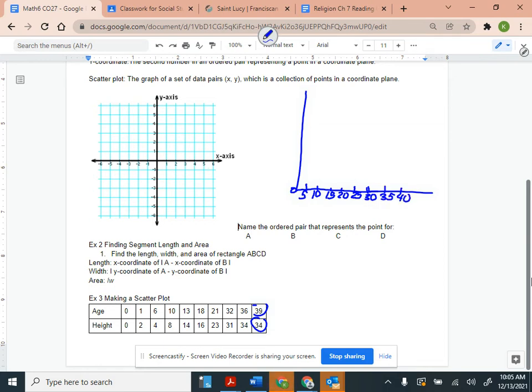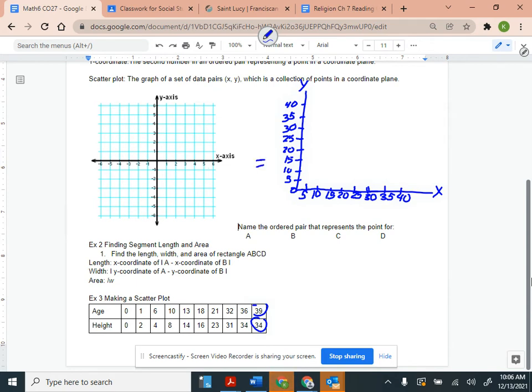Same thing going up. We'll skip by 5s going up the y-axis. We know this is the y, this is the x.